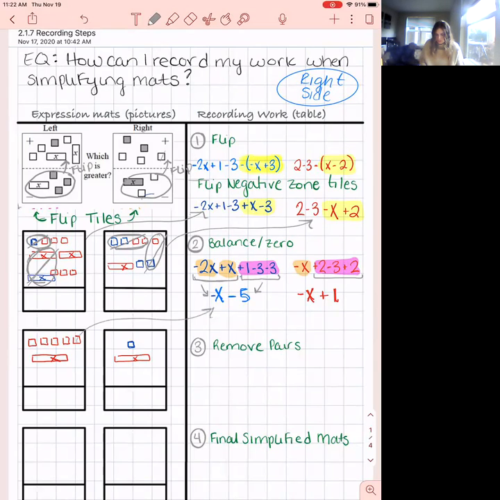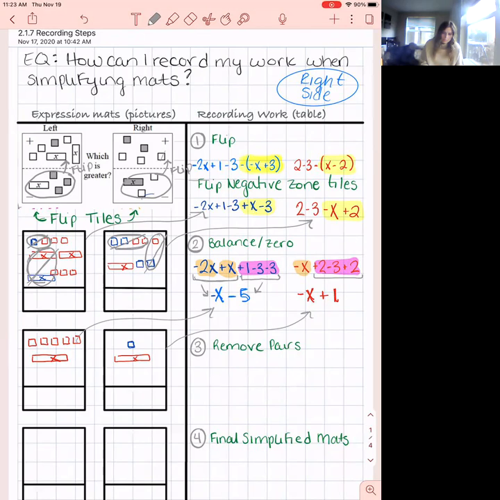This got me that, and that got me that. So I know this is difficult, but we're trying to make connections from our pictures and move away from them into numbers, sorry.